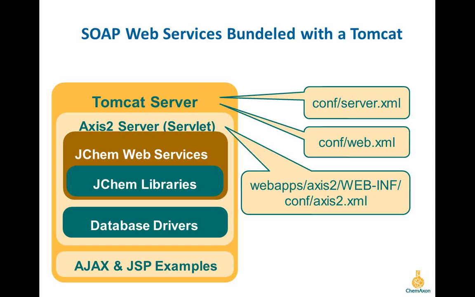Everything is pre-installed, so technically you just have to start with the script files in the bin directory. There are some database drivers also included, so it's a ready-to-use product and bundle. You can find enclosed Ajax and JSP examples, and this slide shows the 3 main configuration files where you can fine-tune and change port numbers and so on.